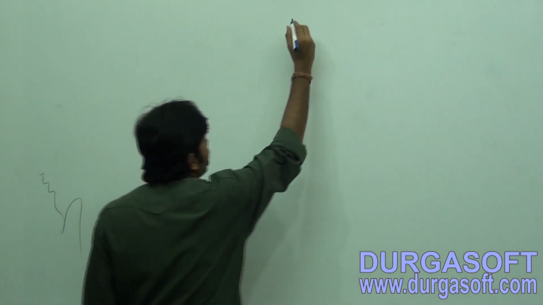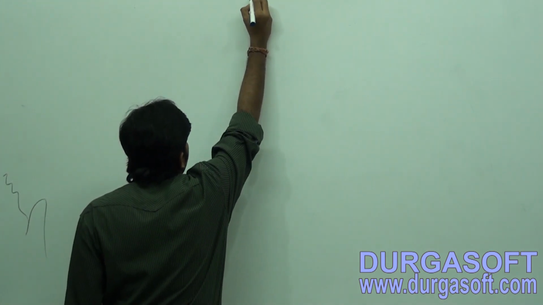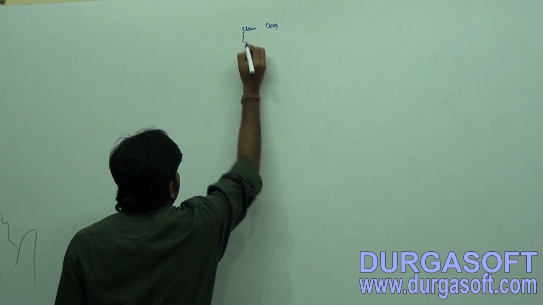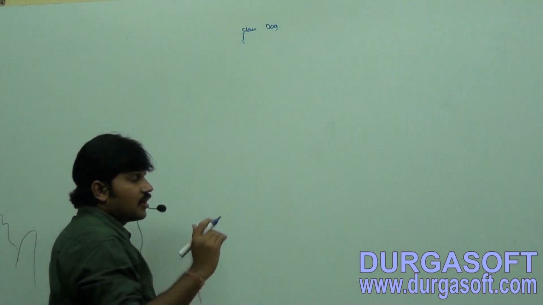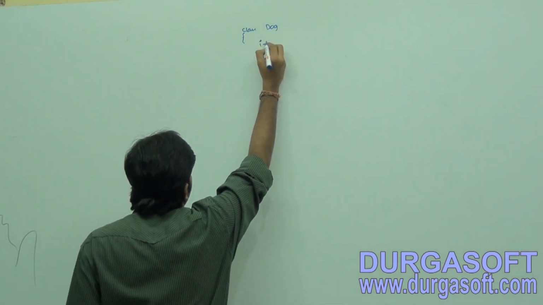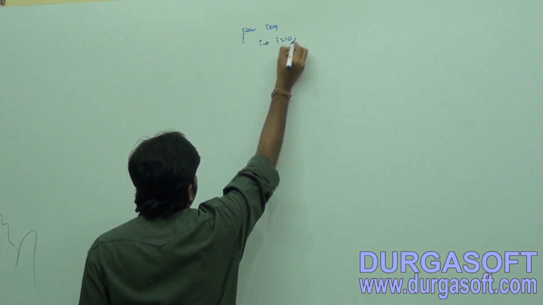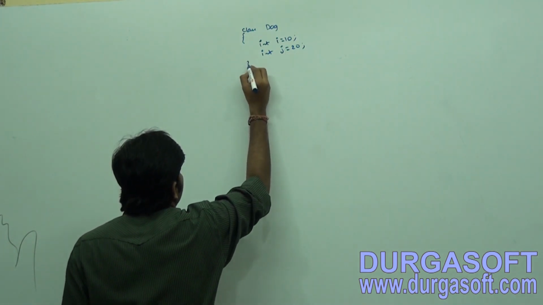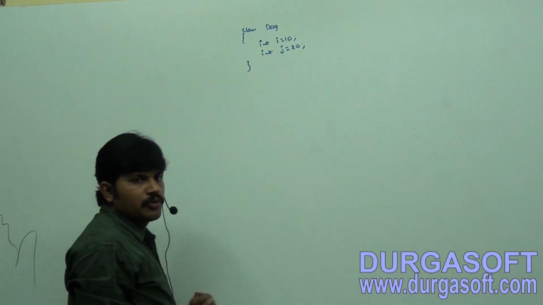Class dog, because I want to serialize a dog object. This dog class contains int i is equal to 10 and int j is equal to 20, two instance variables.